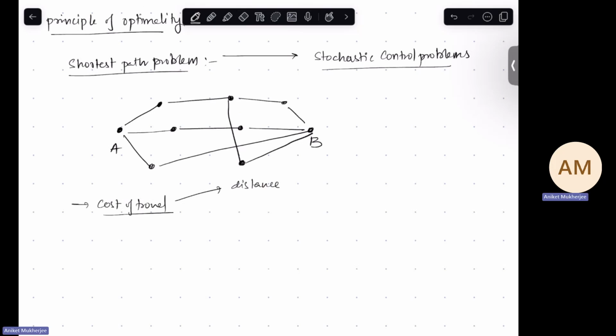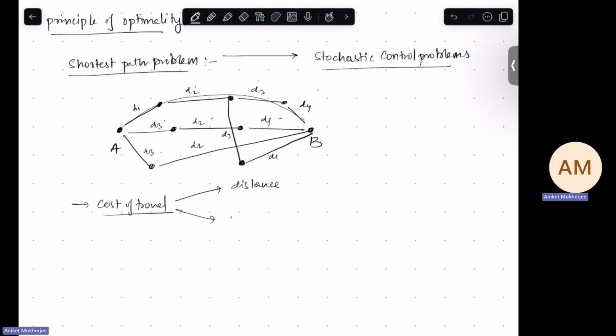While going from A to B, in your mind you're trying to minimize the distance that you want to travel. So you look at all the individual distances of these. If you have these distances, you can calculate the distance of a path by adding up all the distances, and you can find the total distance that you're traveling.